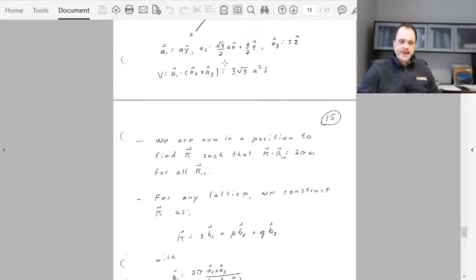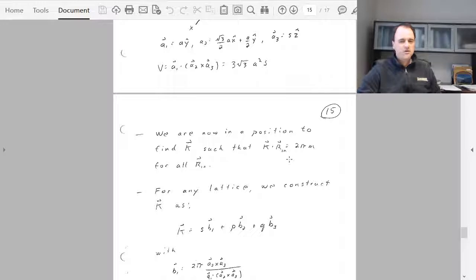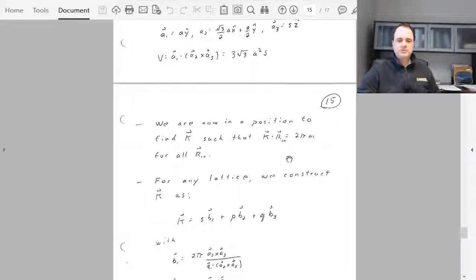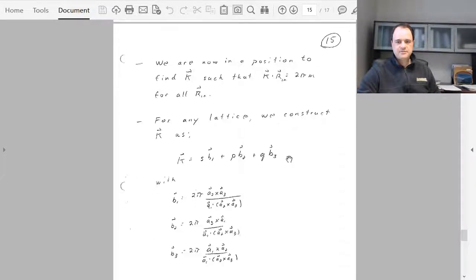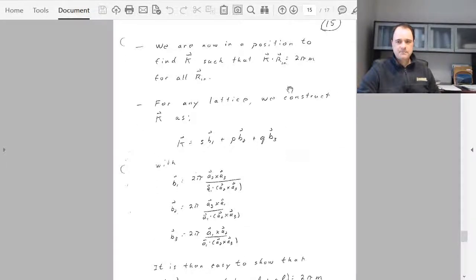So now we are in a position to find the capital K's such that our outgoing scattered waves all constructively interfere, build upon each other, and make for a nice, robust wave. So now we have K dot R sub n equal to 2 pi, and that's our constructive interference condition.